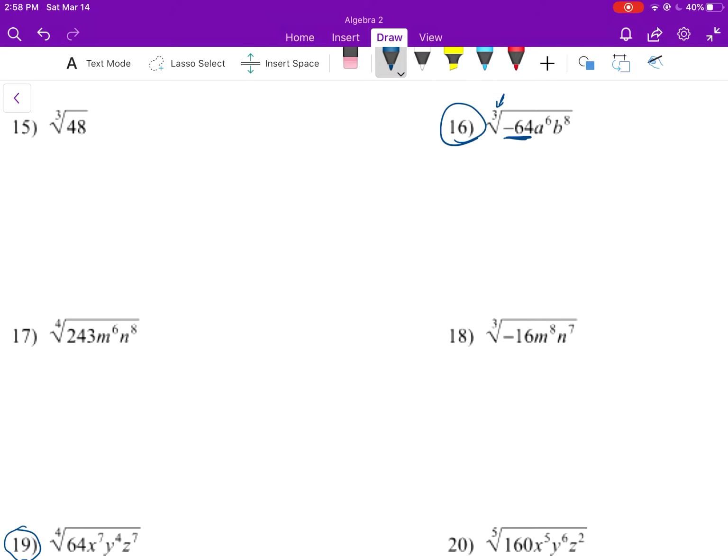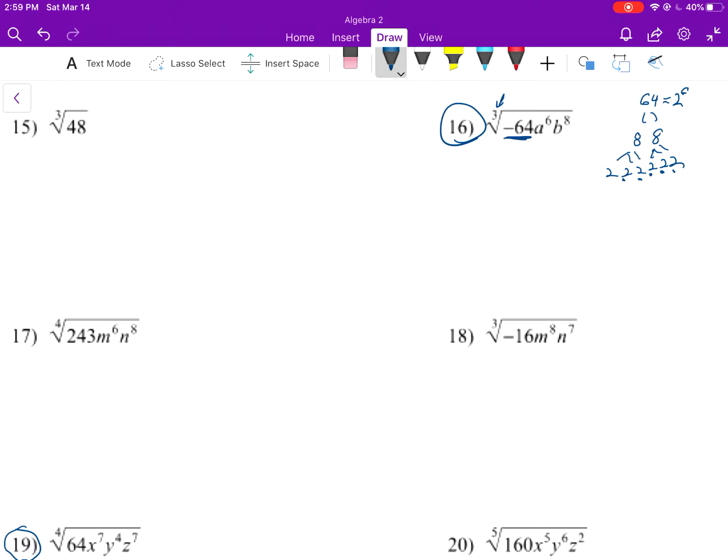Now let's think of 64. 64 is 8 times 8, and 8 is 2 times 2 times 2. So we actually have 64 is 2 to the 1, 2, 3, 4, 5, 6, 2 to the 6th.